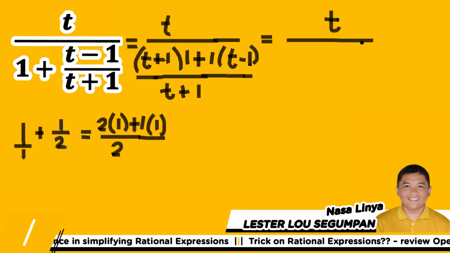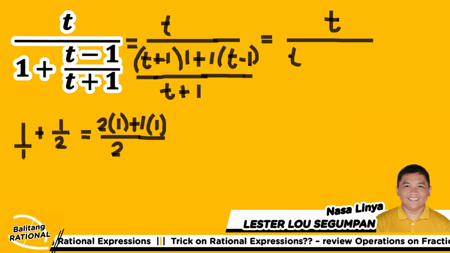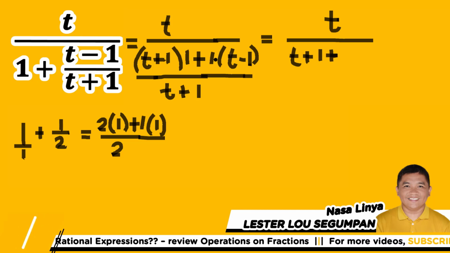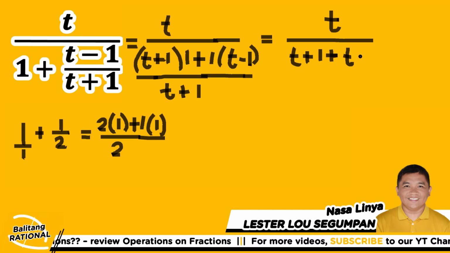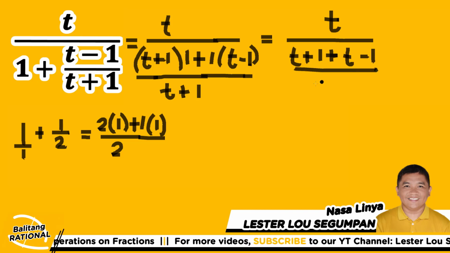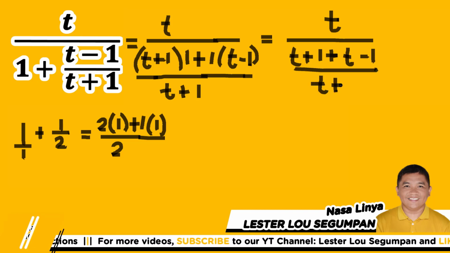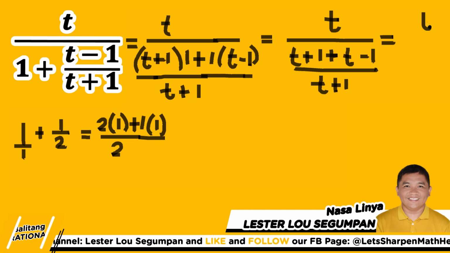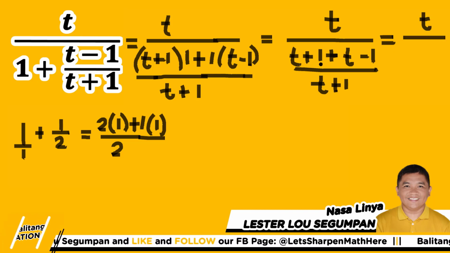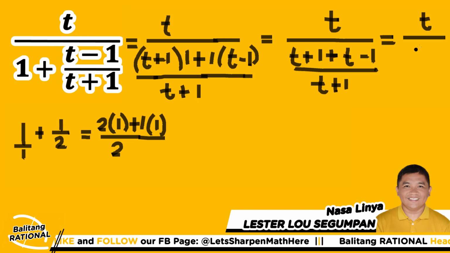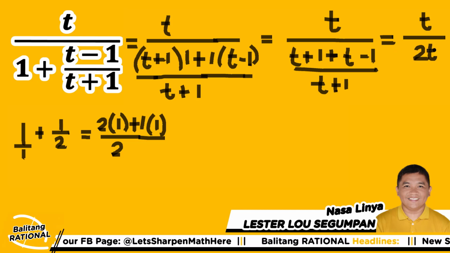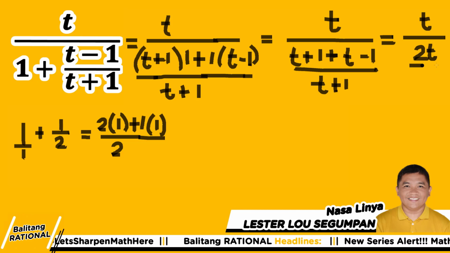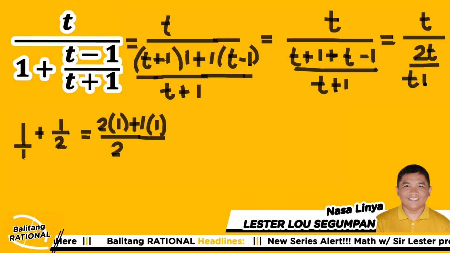Our denominator now will become a rational expression t plus 1 plus, when you multiply this, t minus 1 all over t plus 1, which will give us a result here of the same numerator t over t plus t, you have 2t, 1 minus 1 is 0 over t plus 1.